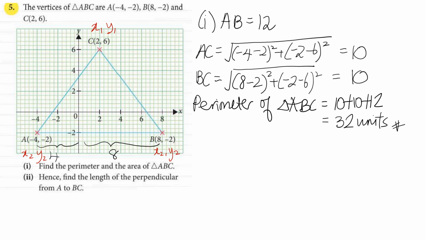Alright, so the next thing is to find the area of triangle ABC. To find the area, basically we just have to use half times base times height. We already have a horizontal line, that is your AB, so that would be the base that we'll be using. Therefore I need to find your vertical height. The perpendicular height will be this one here.